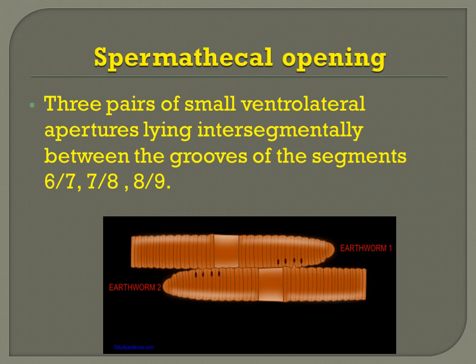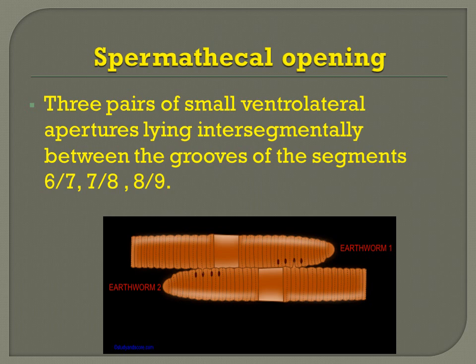And this is not present exactly in the segment, it is present between the segments. So that is what is mentioned: 3 pairs of small ventrolateral apertures. Ventrolateral means it is present on the ventral side and also the lateral side.